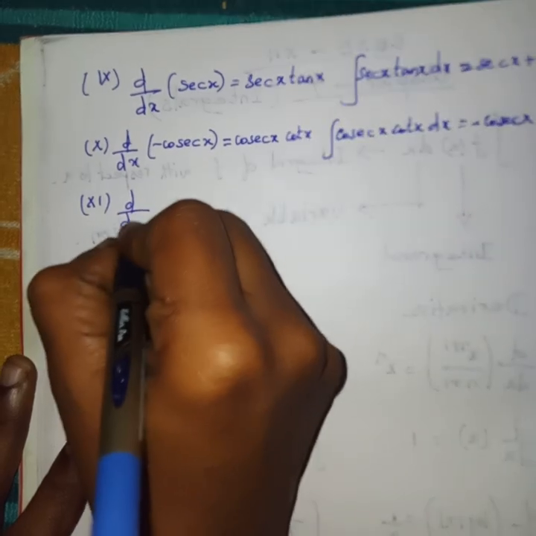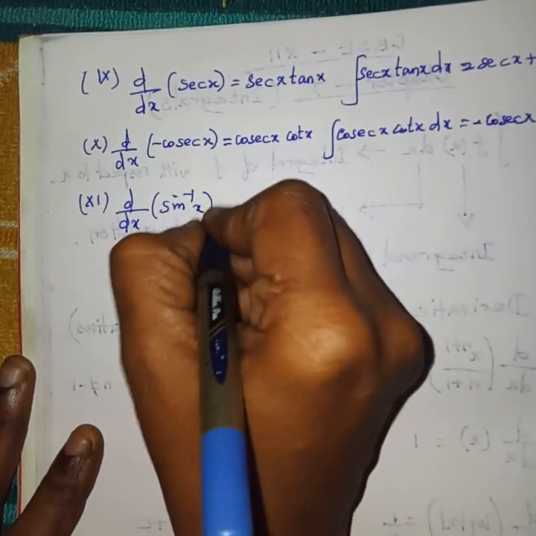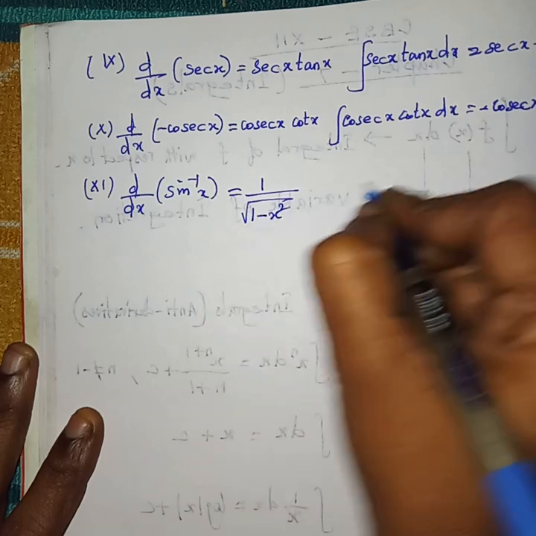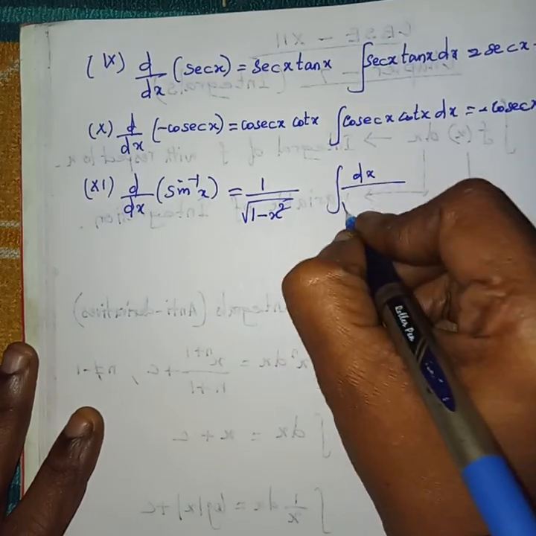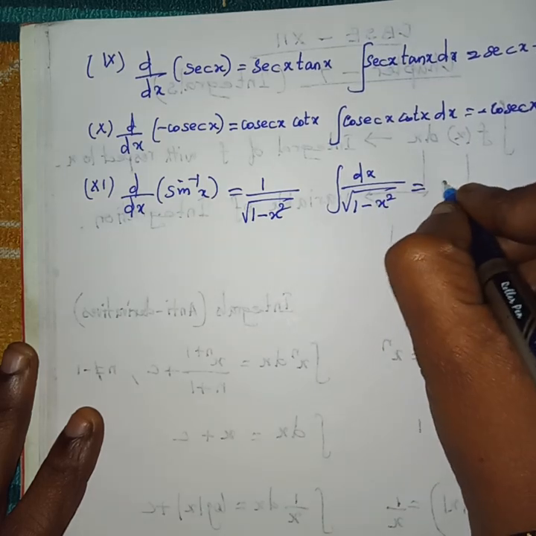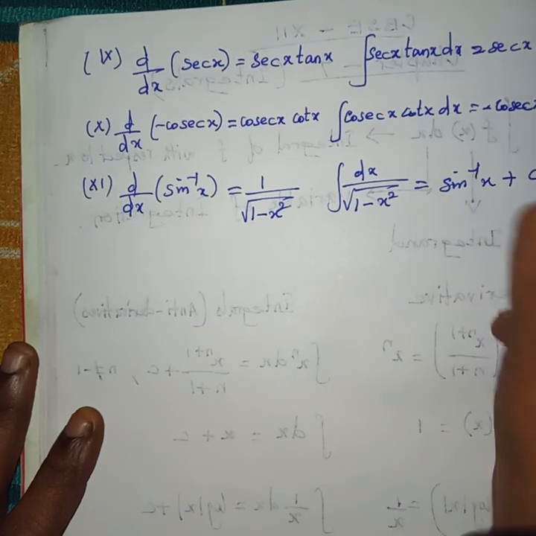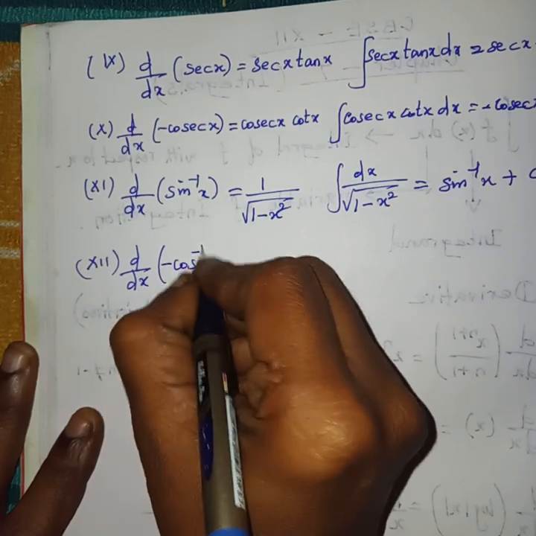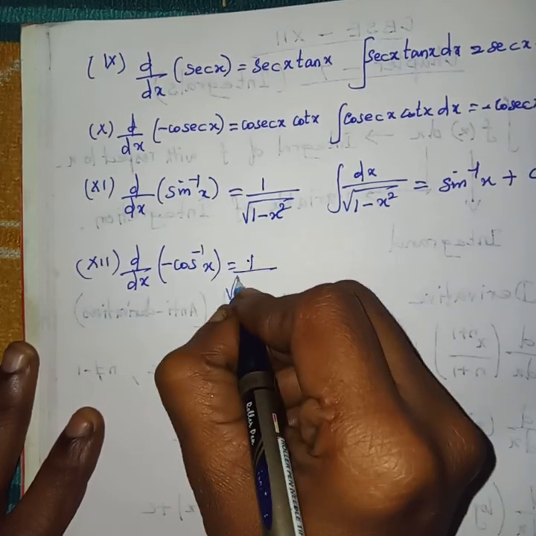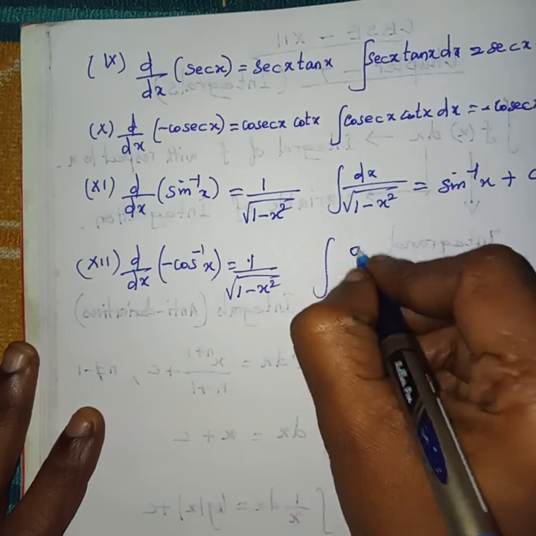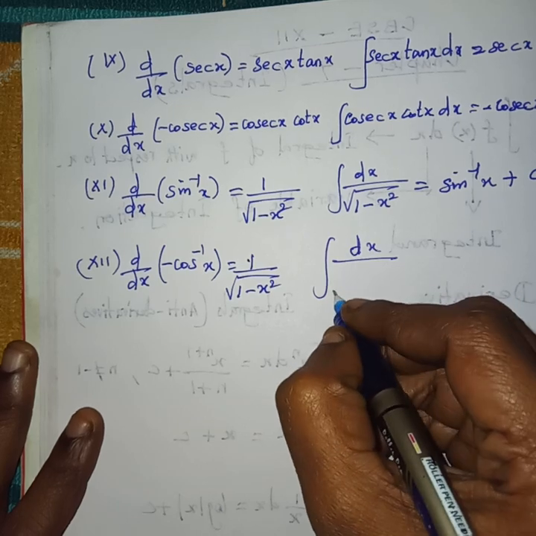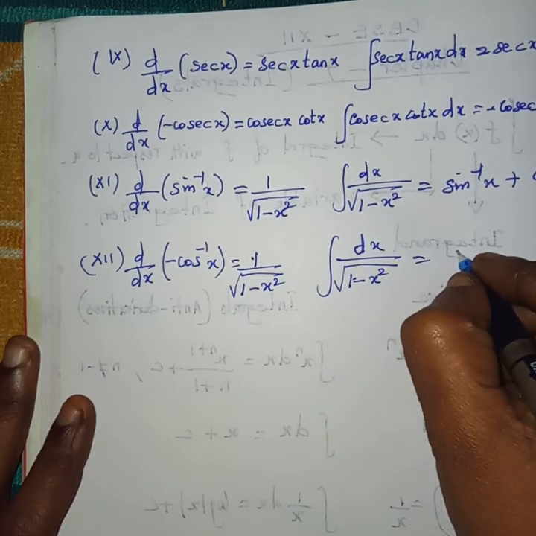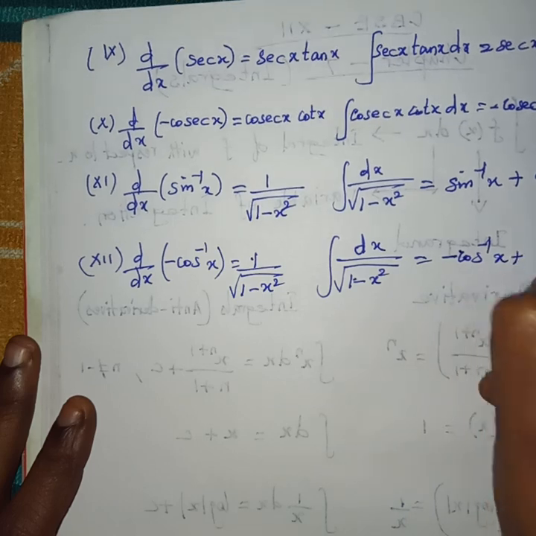Then d by dx of sine inverse of x is 1 by root of 1 minus x square, so the integral of dx by root of 1 minus x square equals sine inverse of x plus c. Next, d by dx of minus cos inverse of x equals 1 by root of 1 minus x square, so the integral of dx by root of 1 minus x square equals minus cos inverse of x plus c.